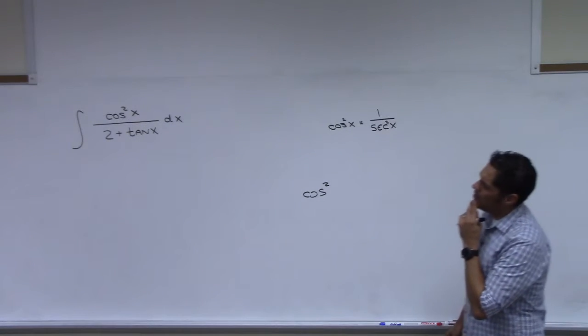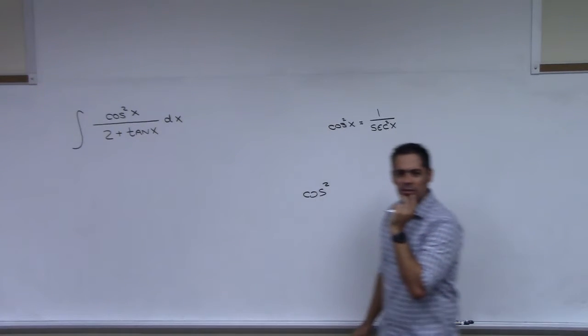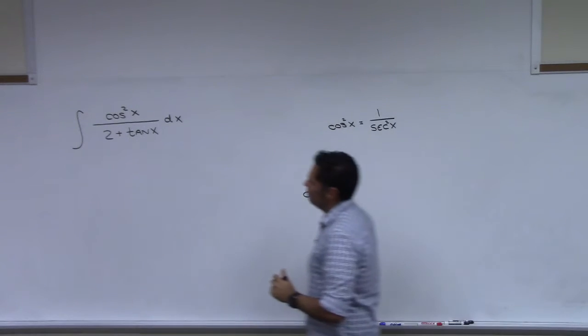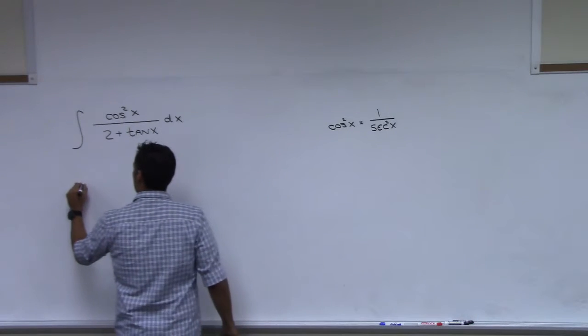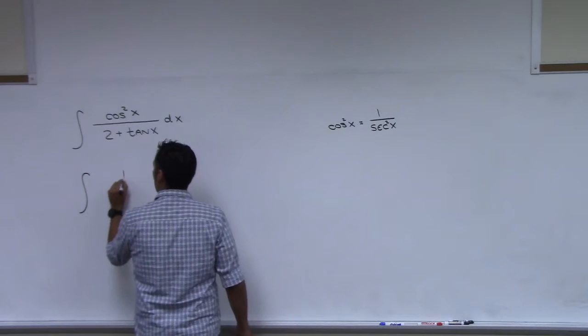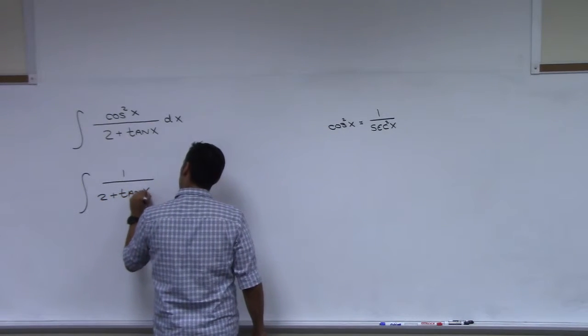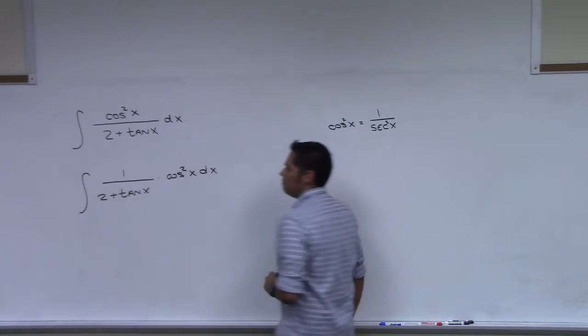So I could rewrite this, couldn't I? This cosine squared is 1 over secant squared? Yes? Let me just see if you believe this or not. Do you believe that?